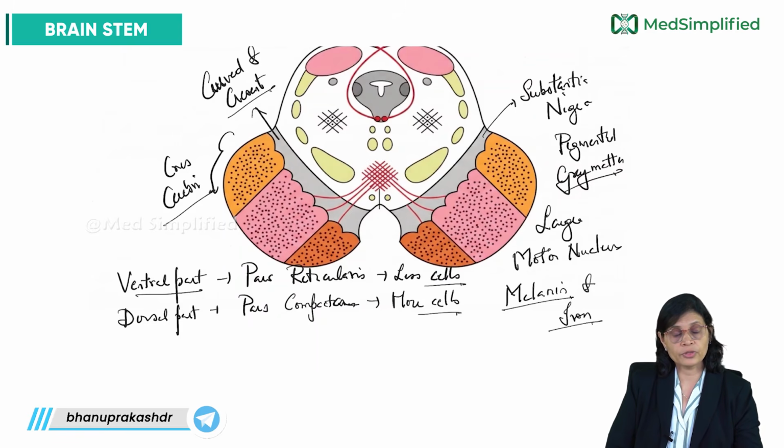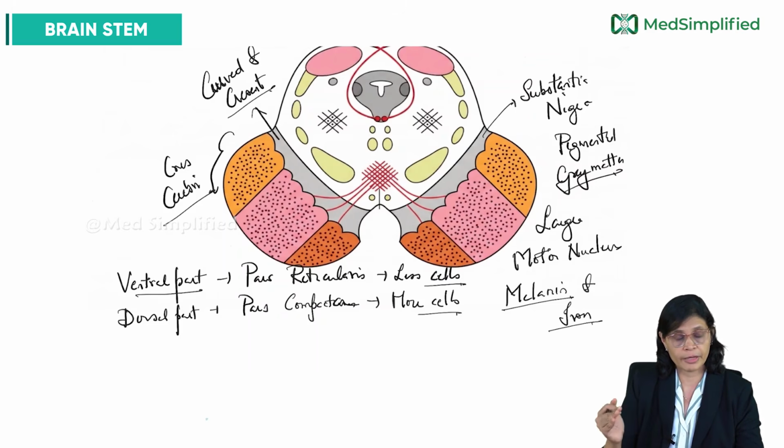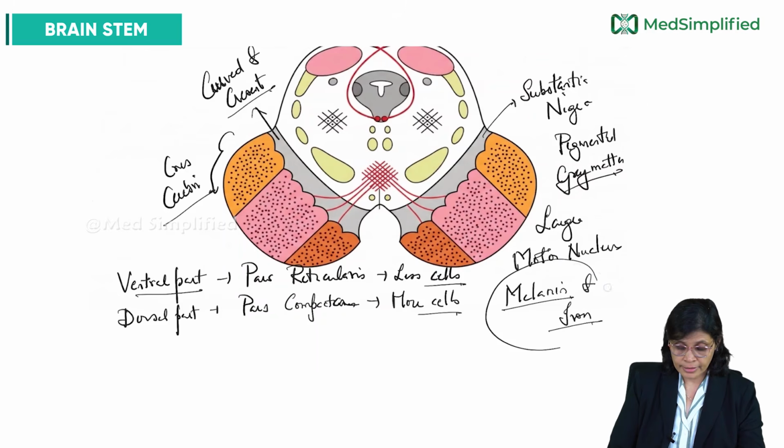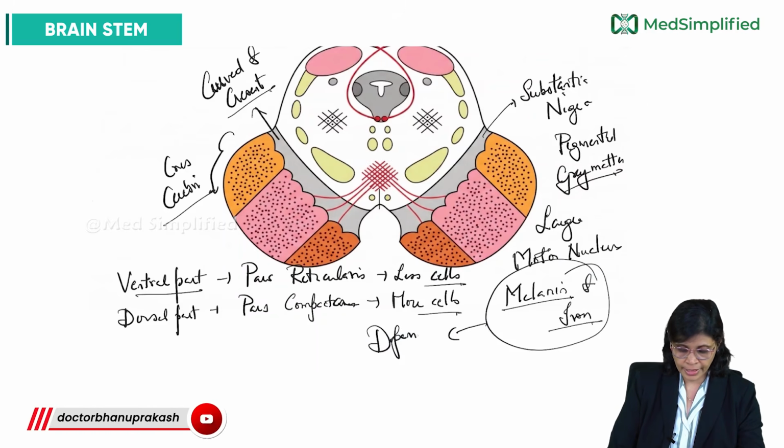The degeneration of this results in what we call Parkinsonism.